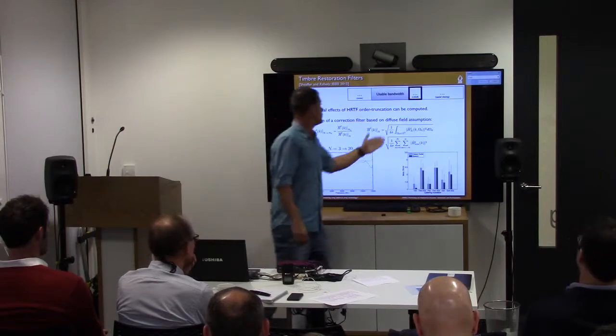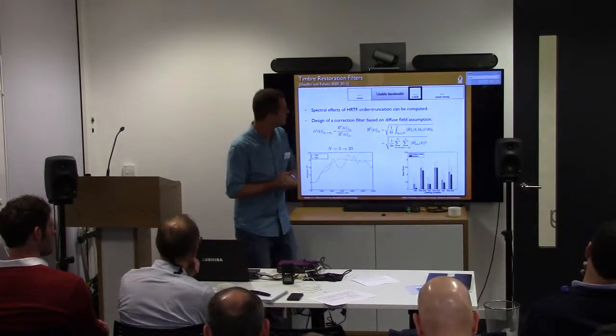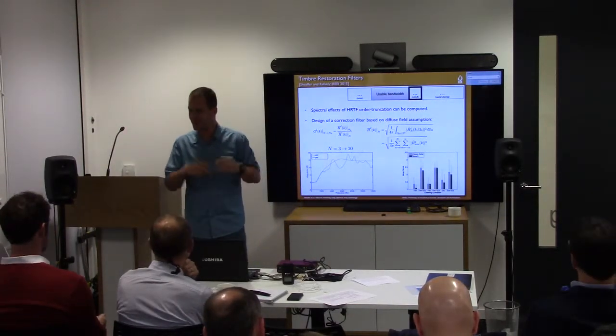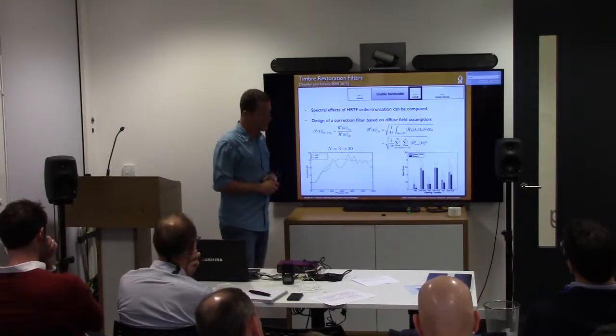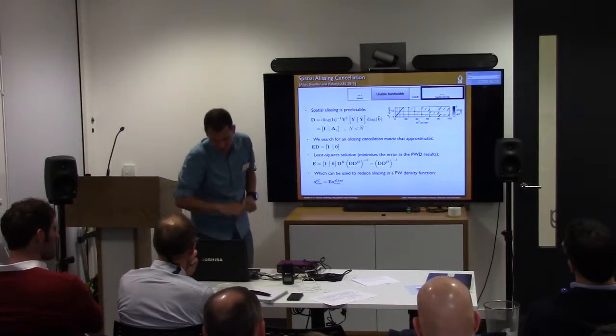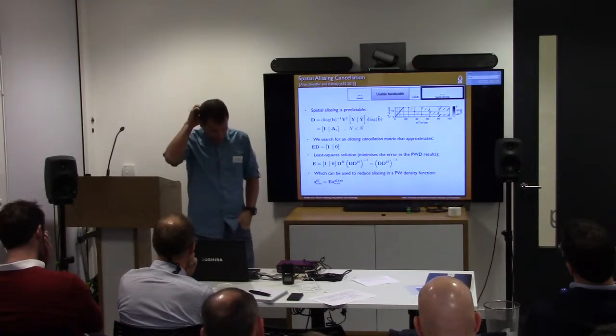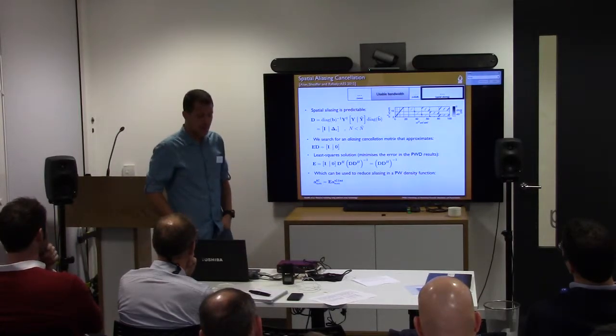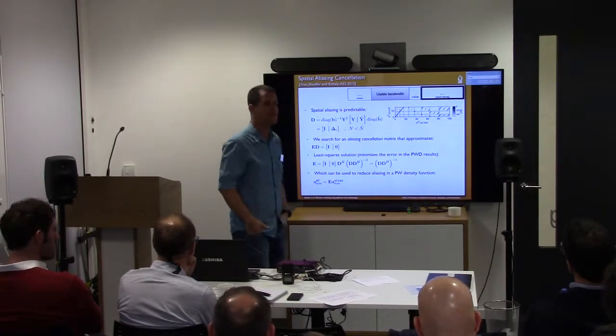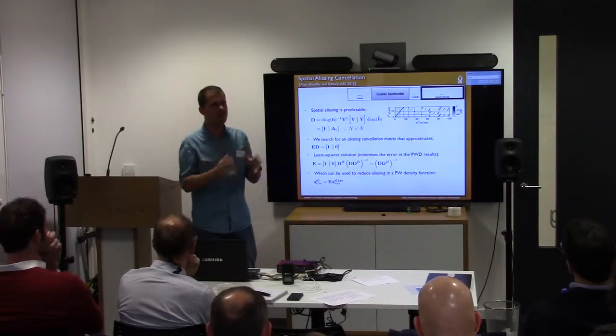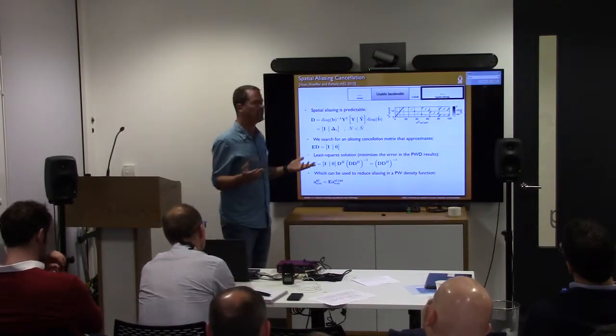So, as we said, we still have the big elephant in the room, spatial aliasing, which we need to handle. So moving on to that, David, who's a PhD student in the lab, has been working on aliasing cancellation algorithms. Now, the idea is that spatial aliasing is completely predictable.